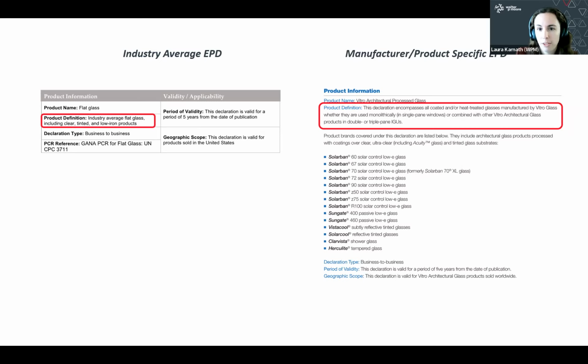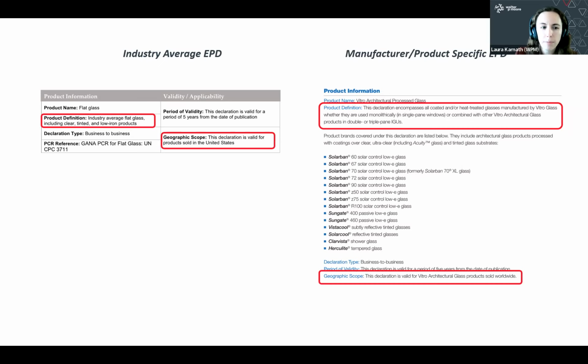So again, it's really important to know what the EPD you're looking at covers, so that you know whether or not you can compare it to other things. And again, if you can't compare 2 things directly, your LCA software can also help you with coming up with different ways to look at a project.